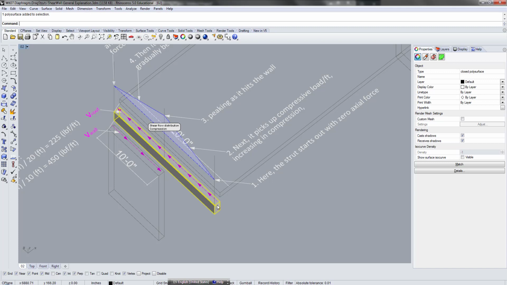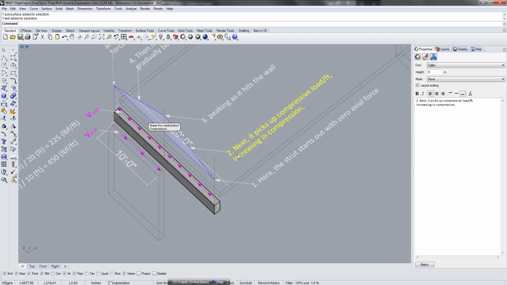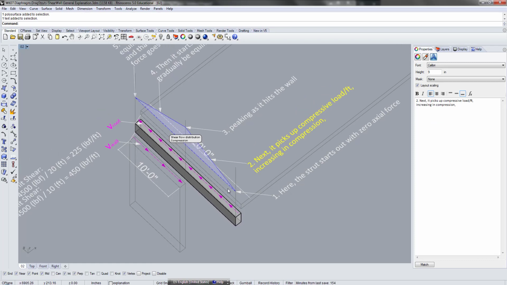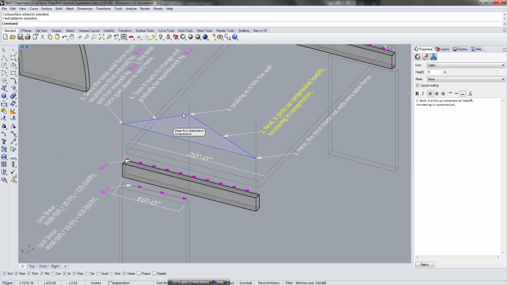So it's getting pushed. Actually, when you push the Snickers bar, you can't push it like that. You have to push it along the whole length at the top, right? But it accumulates, and see how it says next it picks up compressive load per foot, increasing in compression, and it keeps increasing until it hits the wall.